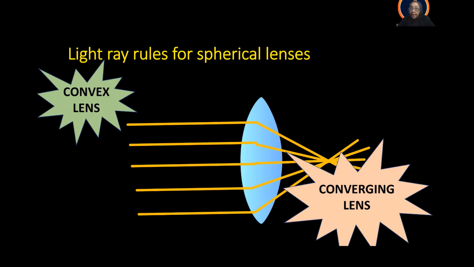Hence, this convex lens we also call a converging lens. Why converging lens? Because all the refracted rays converge or meet at a particular point.